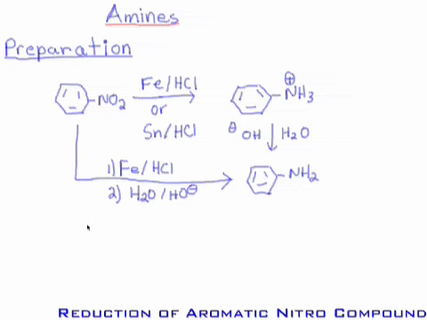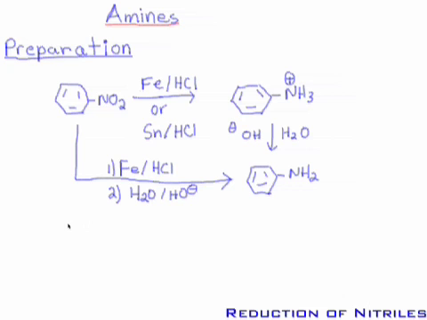Well, we have several reduction reactions. Aromatic nitro compounds are not the only compounds that can be reduced. We've also previously learned that aromatic cyano compounds, such as benzonitrile, can be reduced.